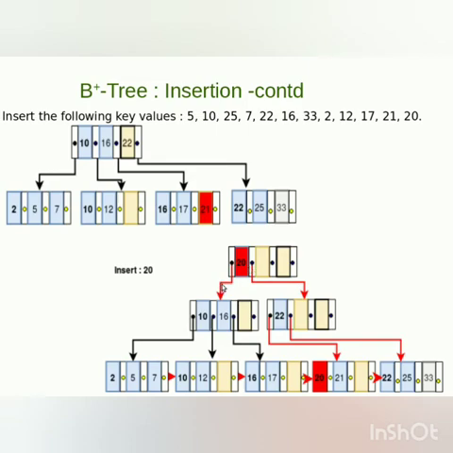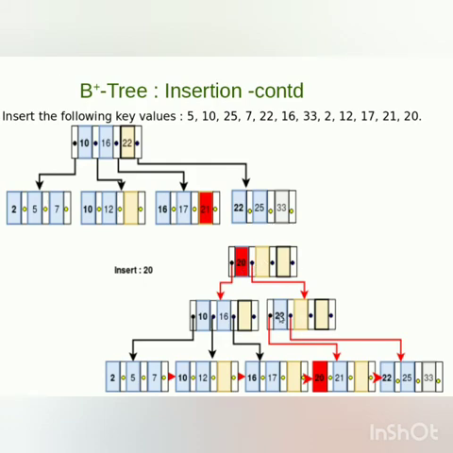Here you can see 2 leaf nodes are created, 16, 17 and 20, 21, and here you added 20. 20 is moved up, and when 20 is moved up, this node is split into 2, 10, 16 and 22, because 20 is moved from this one, and because of that split, a new root is 20.